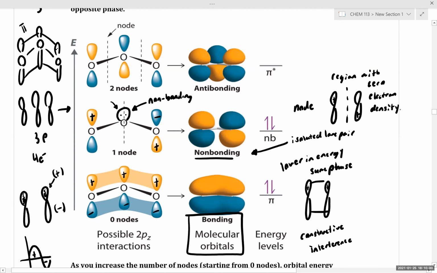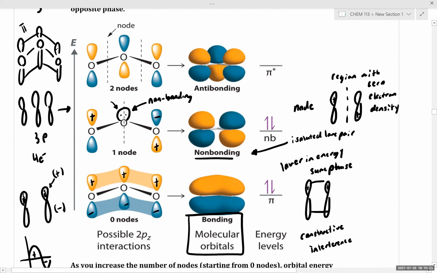Now, why is this important? Well, the presence of a node indicates that we do not have, and by definition, we do not see a bonding interaction between our adjacent p orbitals. We have minimal bonding interactions.